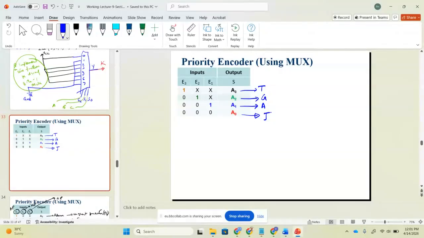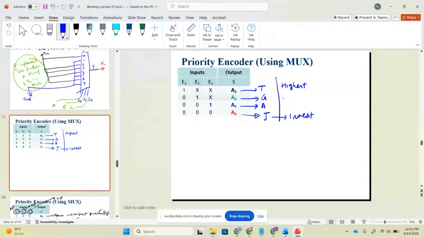Now let's assume we have a priority encoder and we want to design it using a multiplexer. Thomas has the highest priority, and James has the lowest priority. Got it or not?